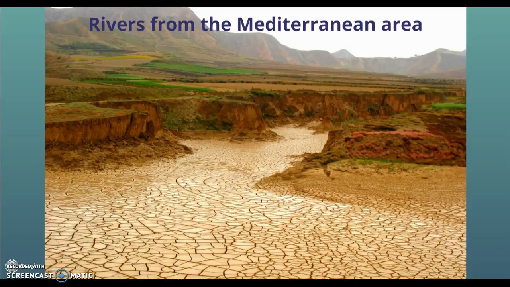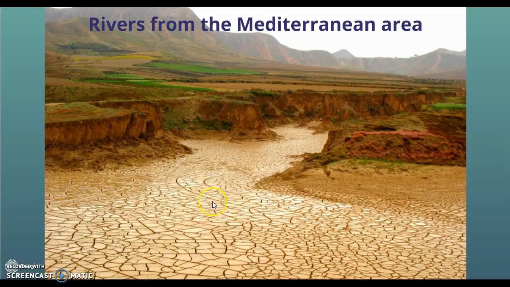As you can see, the rivers from the Mediterranean area have less flow, as in the Mediterranean areas or in desert areas the rain is less abundant, is less common. Even imagine, let alone the snow or the hail.